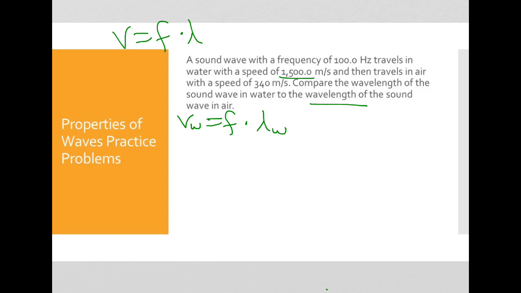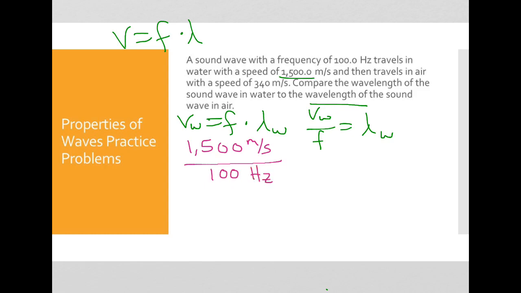And again, if I'm solving for wavelength, I can do my speed divided by my frequency equals my wavelength. So my speed in water was 1500 meters per second. My frequency was 100. I end up getting a wavelength of 15 meters, and that is my wavelength in water.